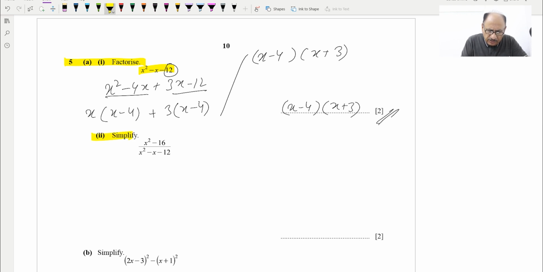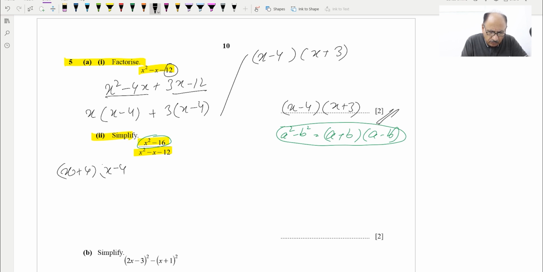Now next, the second part is we need to simplify this algebraic fraction. Basically the formula is a square minus b square is equal to a plus b into a minus b. So we will be using this formula for the numerator, and we can write it as x plus 4 and x minus 4, divided by the factorization we can use from the previous part, x plus 3 into x minus 4.